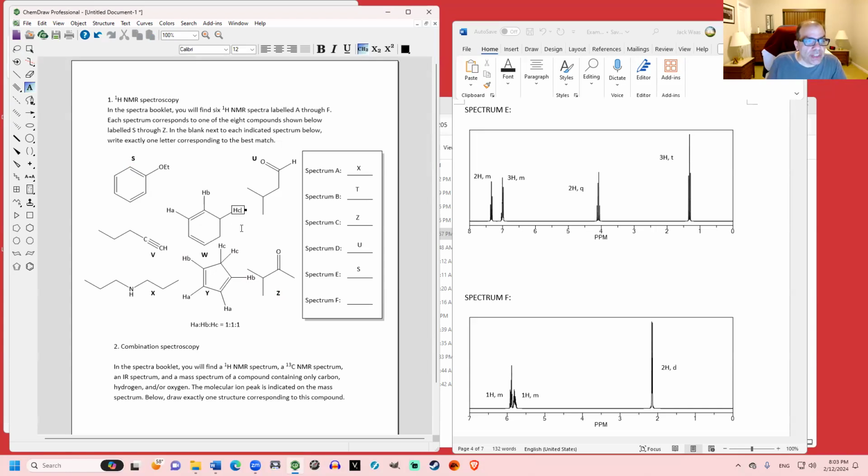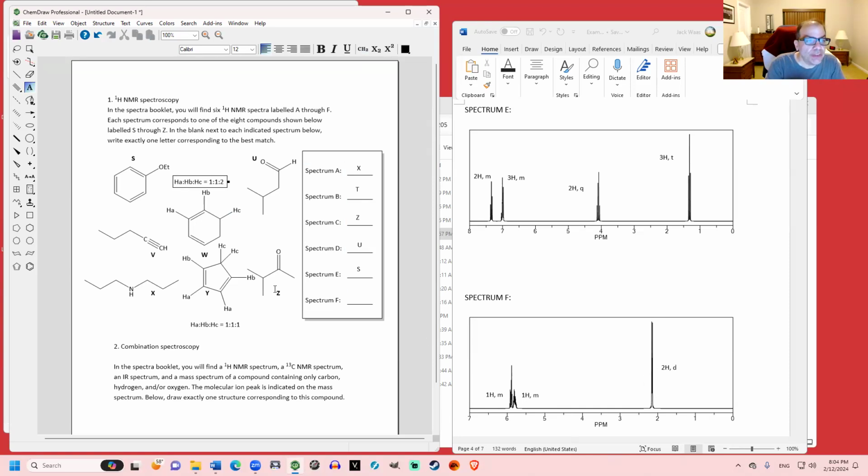And there's 4 of this type, the CH2 over here and the CH2 over here. Those are all equivalent. And the ratio of A to B to C is 1 to 1 to 2. That's what we see on the spectrum, 1 to 1 to 2.